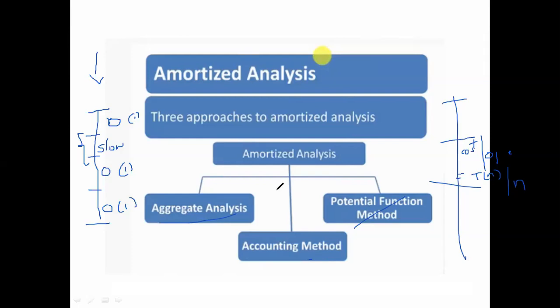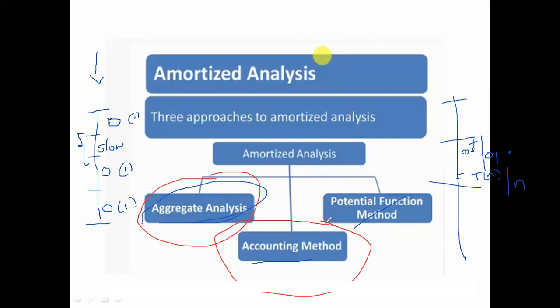So coming to amortized analysis, first we discuss aggregate analysis. First, some differences between aggregate analysis and the accounting method, just to know what each is. In aggregate analysis we use the probability function, but in the accounting method, for each operation we provide some cost.